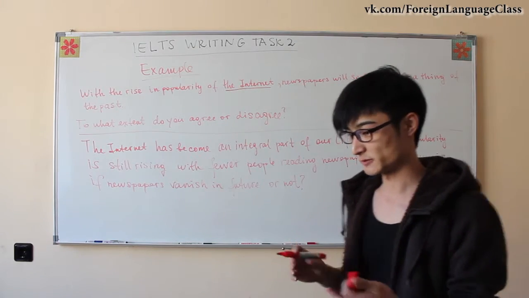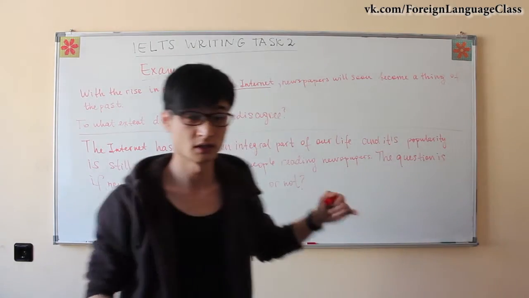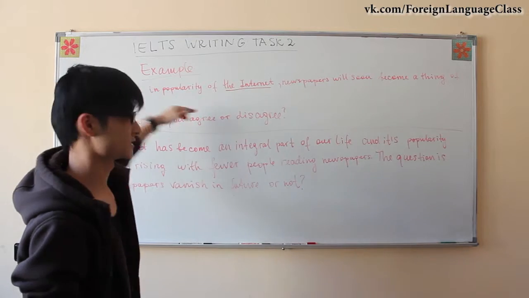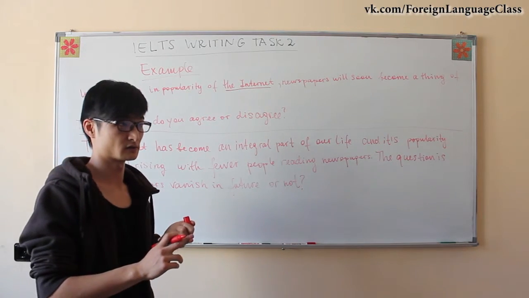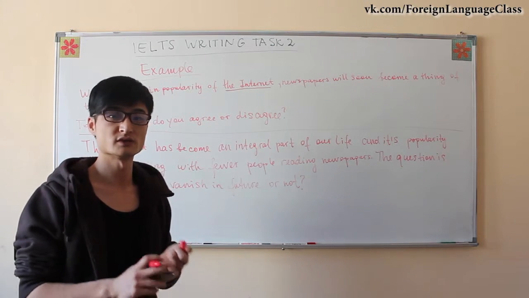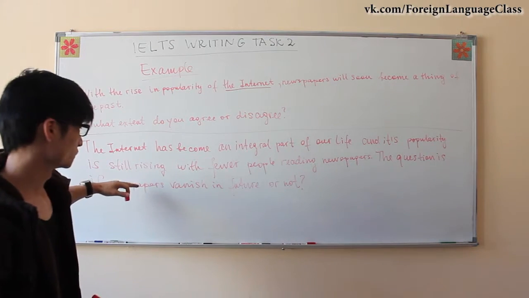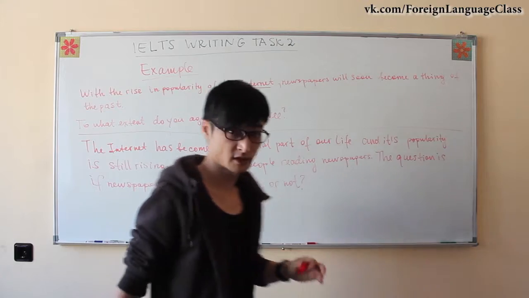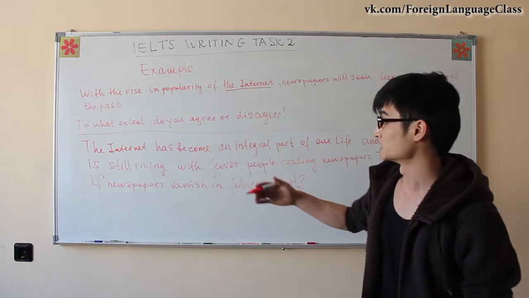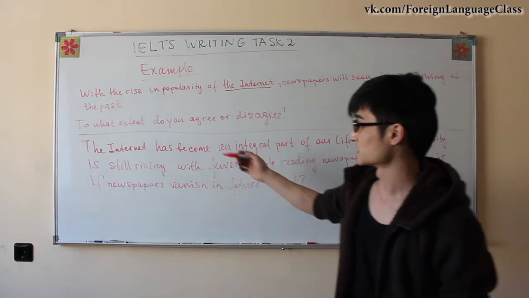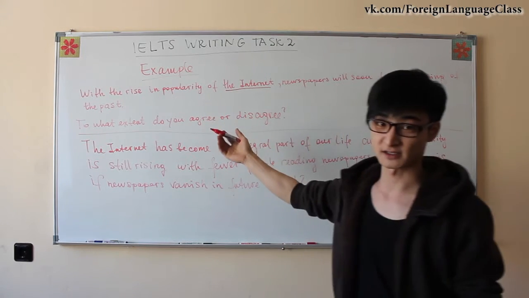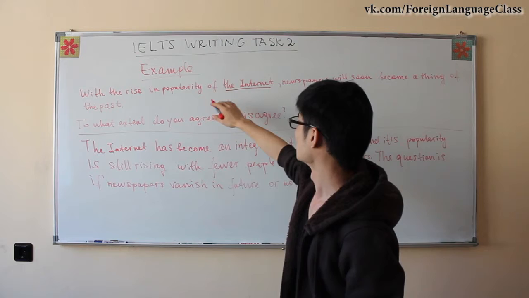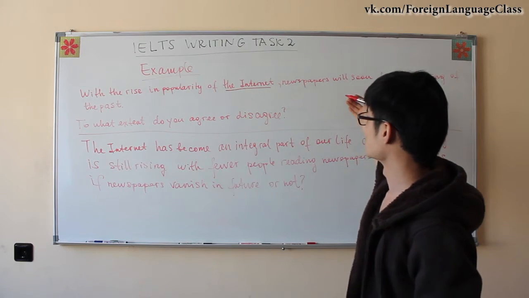Do you remember in pattern 1, in the introduction we rephrase the task and give our own opinion and give brief reasons, or we go straight to the main body from the introduction. We discuss facts for newspapers.